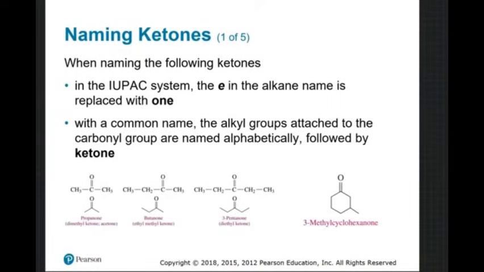Now, when we name ketones, we replace the E in alkane with O-N-E. I want to highlight that the smallest ketone has to have 3 carbons. Do I understand why? So, think about an aldehyde.